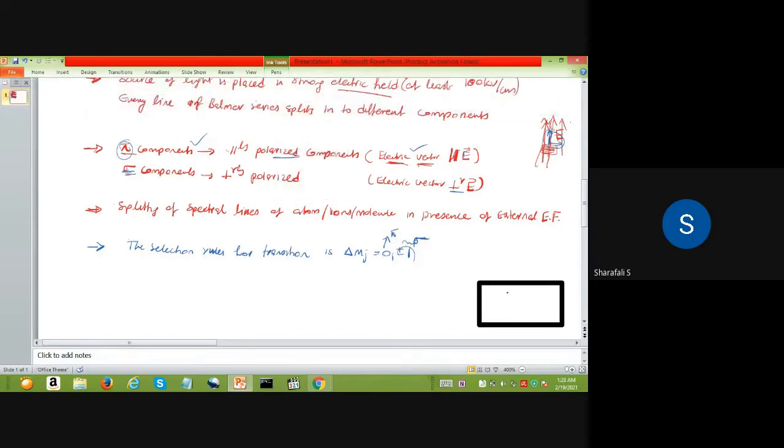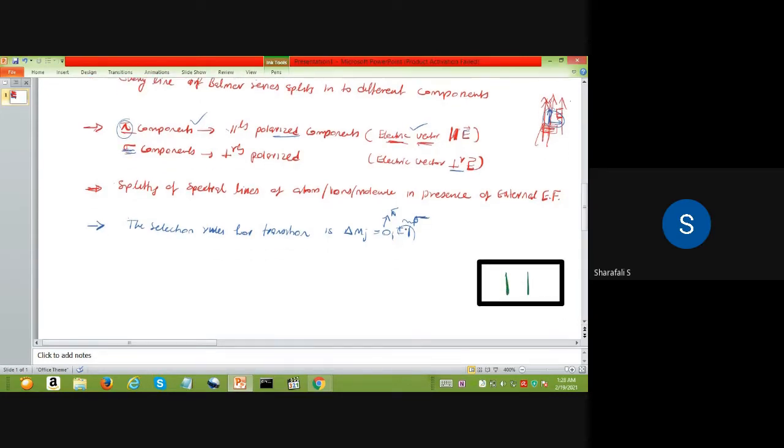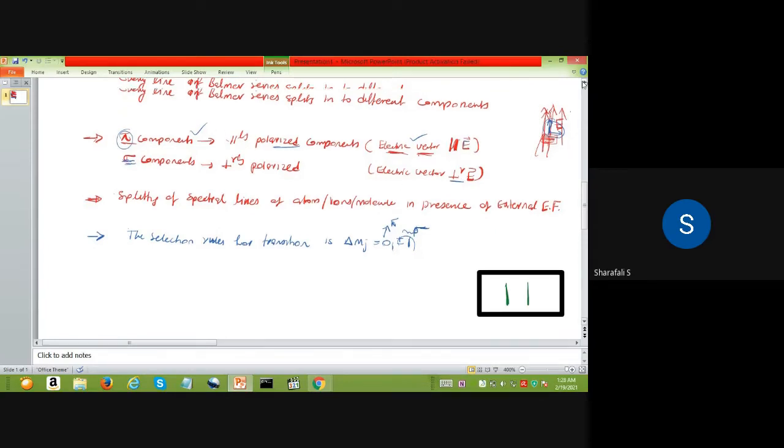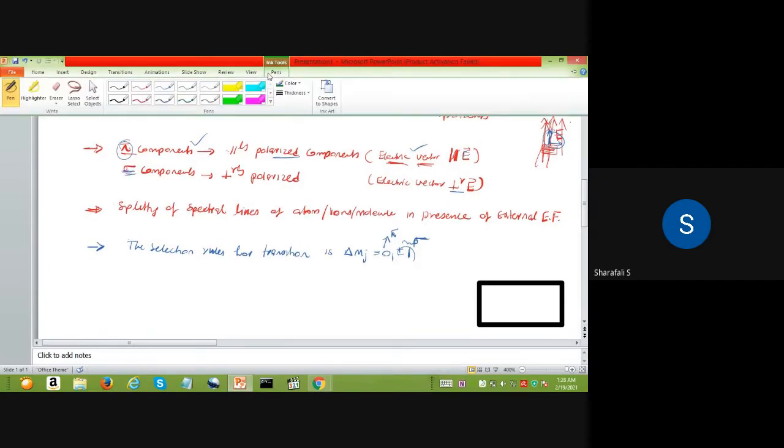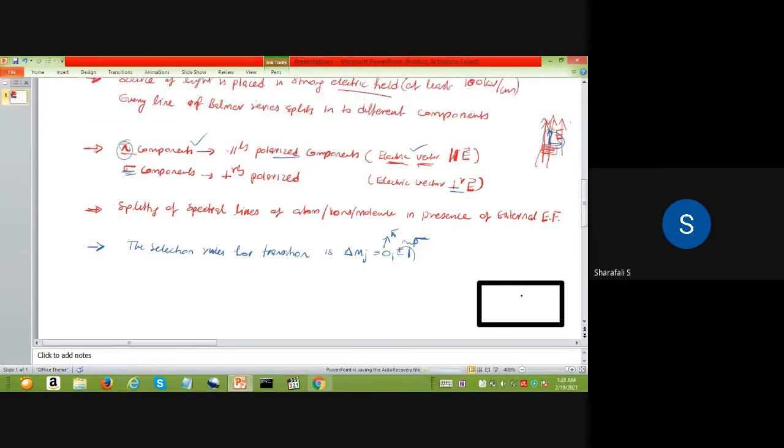So this will be showing green colored spectra like this, in that white wall. And in some cases, you will get dark color. In this particular case, we will be having dark color like this.